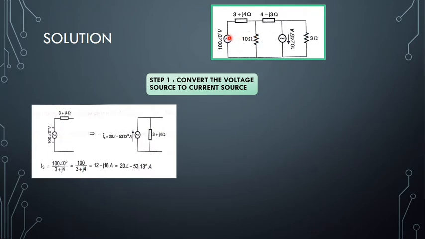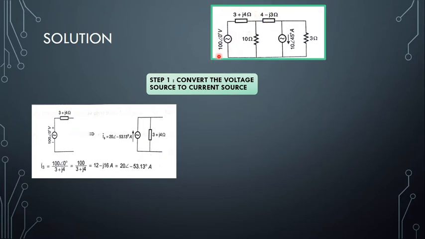The voltage source is connected in series with a 3 plus j4 ohm impedance. Anything that contains a complex quantity, of the form a plus jb with a real part and an imaginary part, is called an impedance.